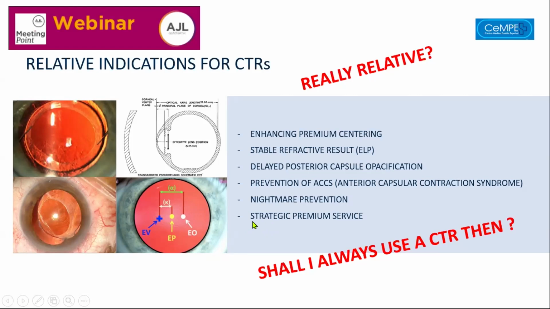And then I wrote here the strategic premium service, because in this strategic premium service, you may find patients, luckily, if you do a good patient selection prior to the premium implantation, it's reduced.